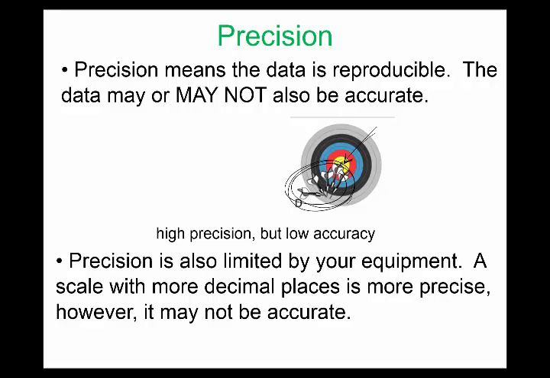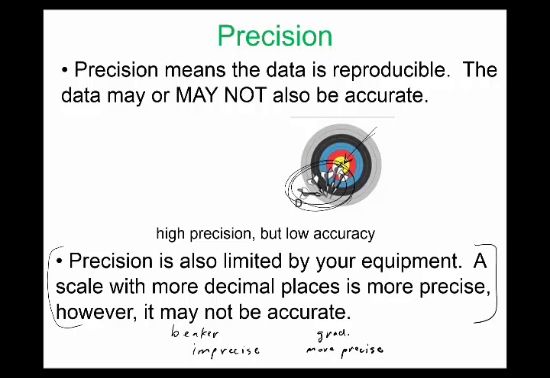Another thing about precision is it's limited by your equipment. So if you remember the beaker example, beaker versus a graduated cylinder, we would say a beaker is imprecise, and we would say a graduated cylinder is more precise. But we don't really know if it's accurate.